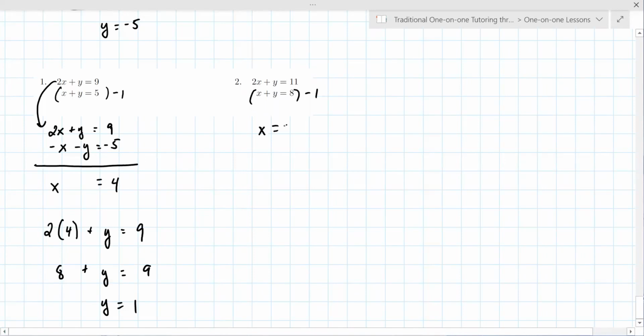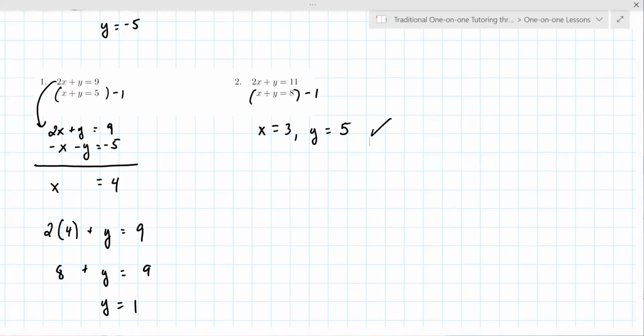Okay, and what does y equal? Use the second equation here for that. Y equals 5. Good, excellent.